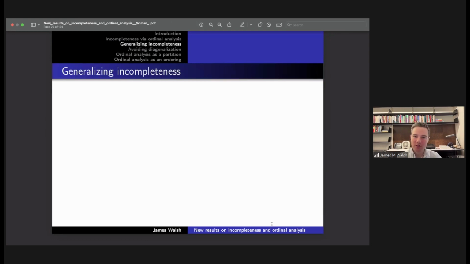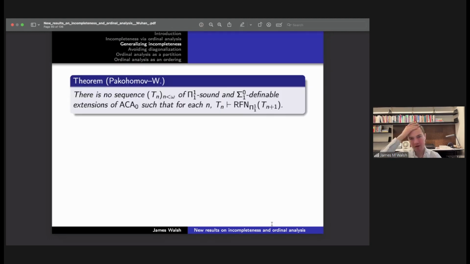Now we can generalize this incompleteness theorem, and I want to say exactly how the generalization goes. What I have here is a result from joint work with Fedor Pakhomov from a few years back, in 2018 or 2019. The theorem says that there is no sequence T0, T1, T2, and so on, of Π¹₁ sound, Σ⁰₁ definable extensions of ACA0, such that for each n, Tn proves the Π¹₁ soundness of Tn+1.